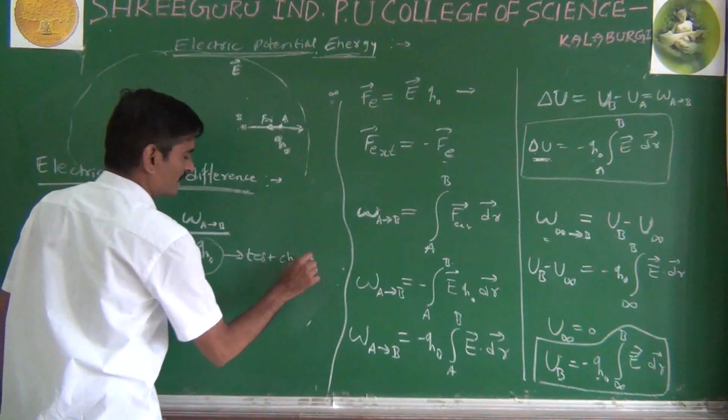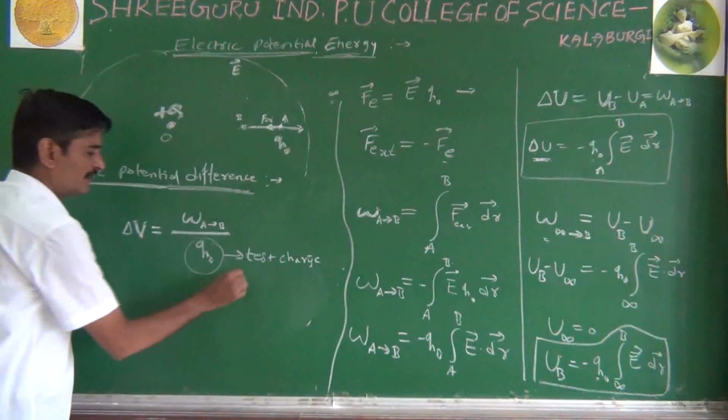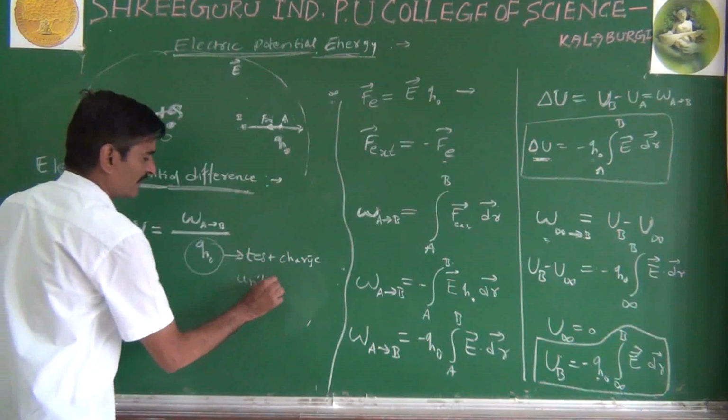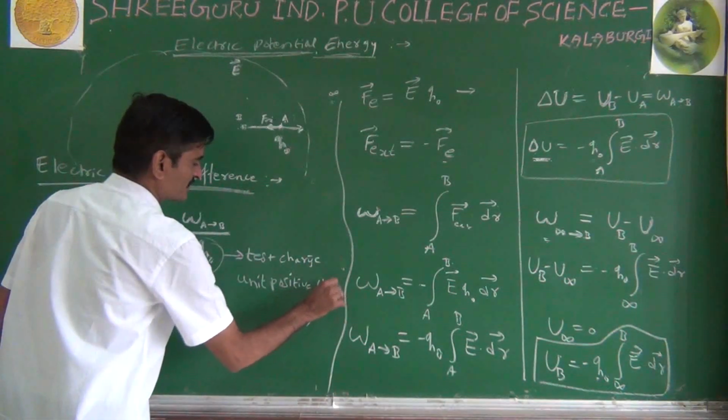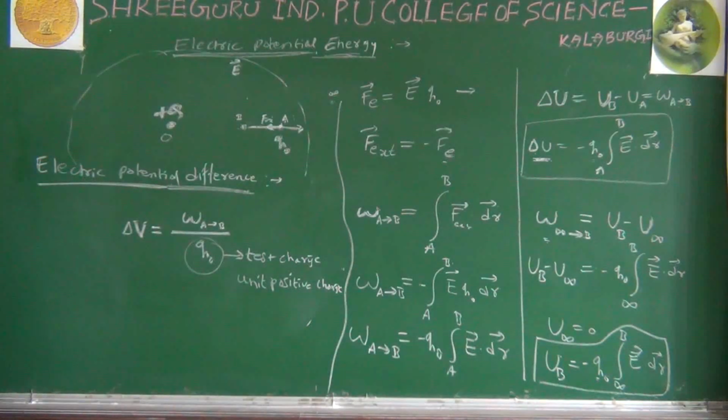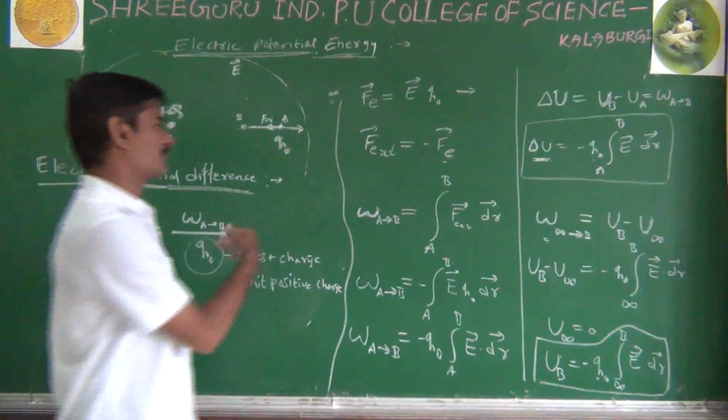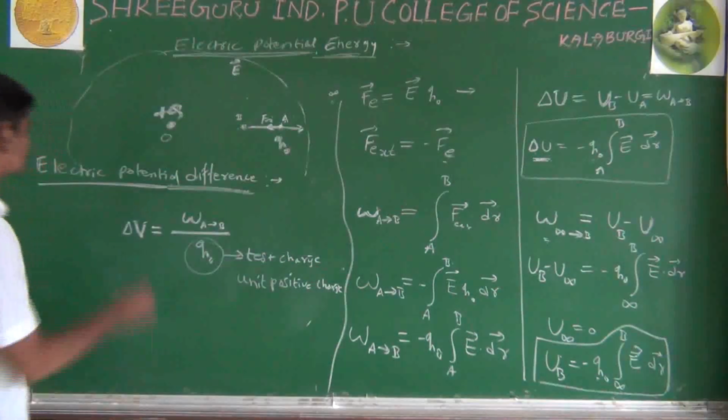Or another way, this test charge which I am telling so far is nothing but a unit positive charge. If the test charge is a unit positive charge, then instead of ratio, we can define it like this also.